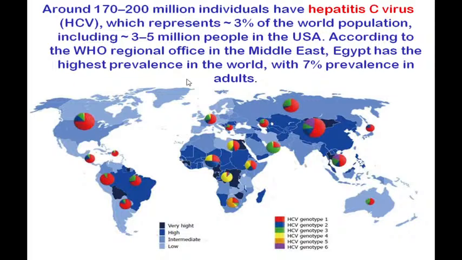This picture demonstrates the distribution of the genotypes, and you can see that hepatitis C genotype 1 is the most common almost everywhere, maybe except for Africa.